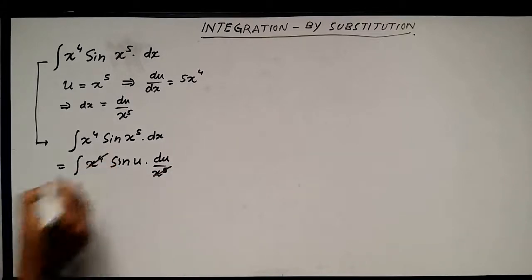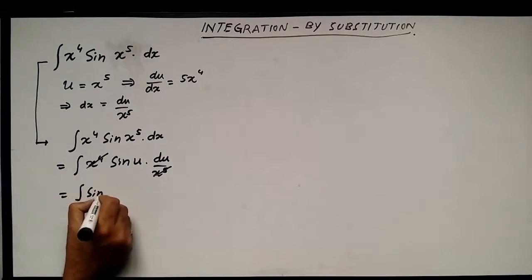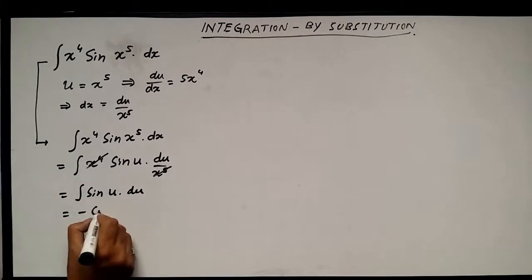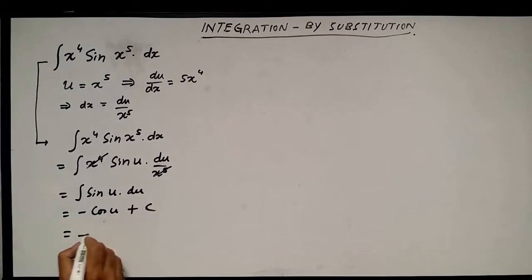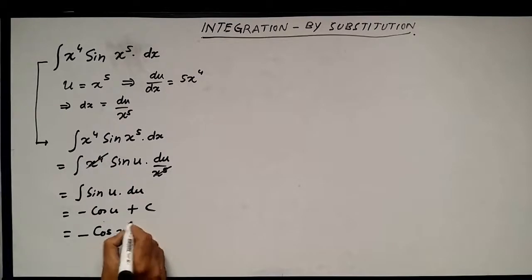So this 5 and this 5 get cancelled off. So what are we left with? Integration of sine u du. And we do know that integration of sine of u is minus cos of u, and we add the constant of integration. So cos u is replaced again by x to the power 5, and we have c.